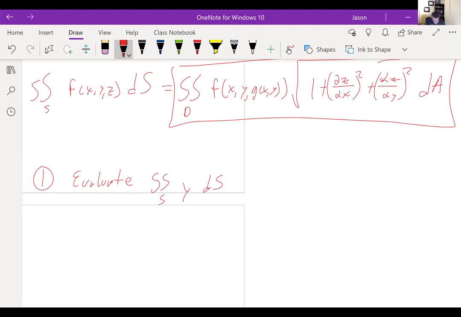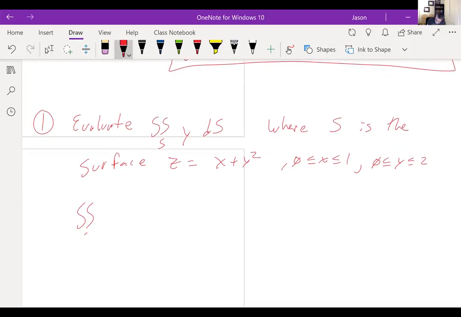So where S is the surface z equals x plus y squared, where x goes from 0 to 1 and y goes from 0 to 2.